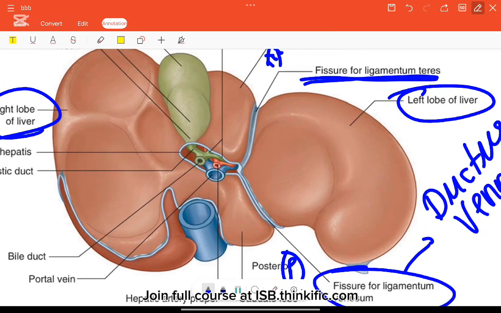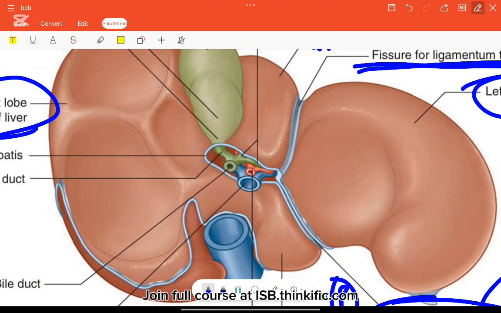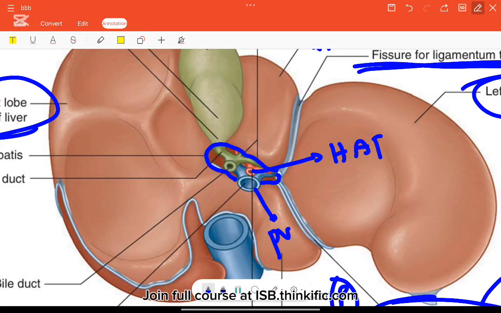Now we're going to talk about the porta hepatis. The porta hepatis is, as I told you, a part where it is not covered by peritoneum. It contains the portal vein posteriorly. It contains the hepatic artery proper, which is anterior and to the left.